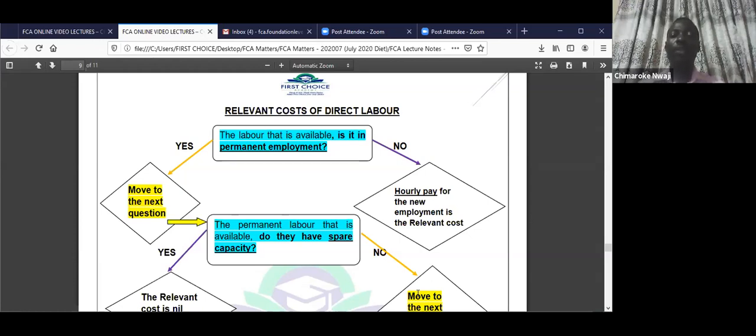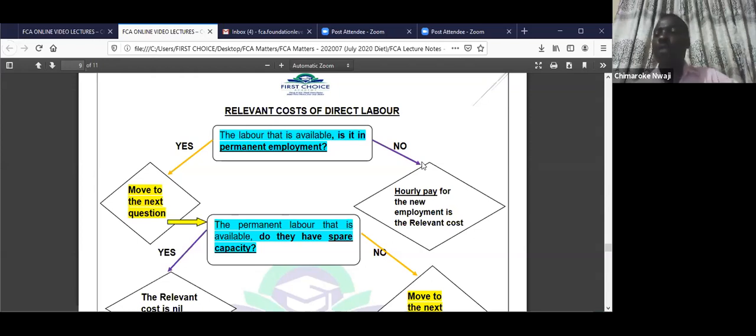These days, most contract staff can be seen as permanent employees because they don't pay them wages. So anybody you pay wages, that is the person not in permanent employment. So when there is no permanent employment in the direct labor, what it means is that if you want to get a project done and you require a certain amount of manpower, man hours, and you look inward, do we have them available in permanent employment already?